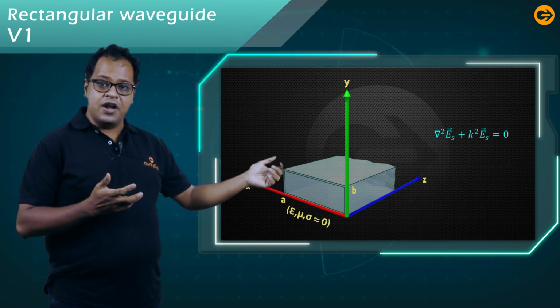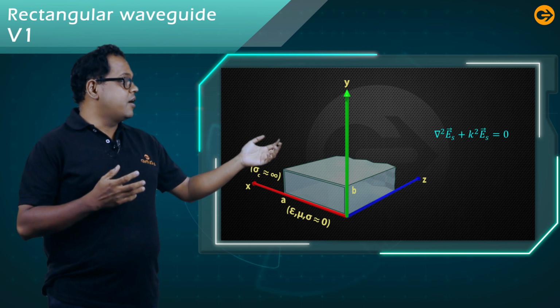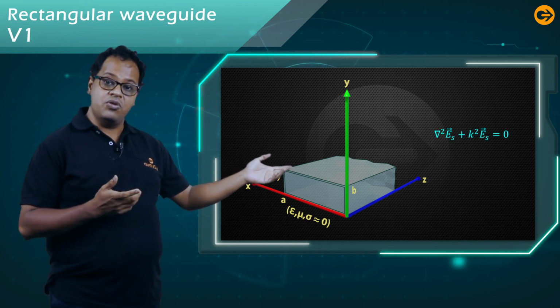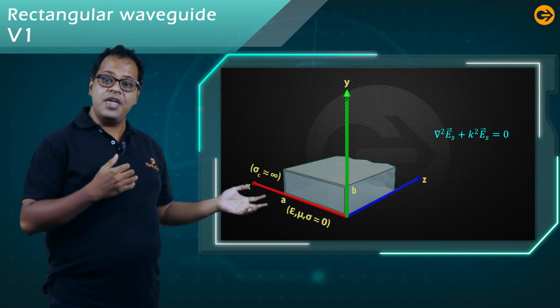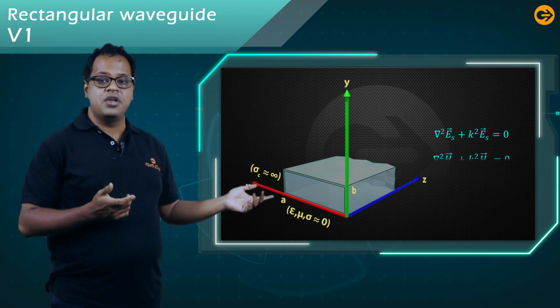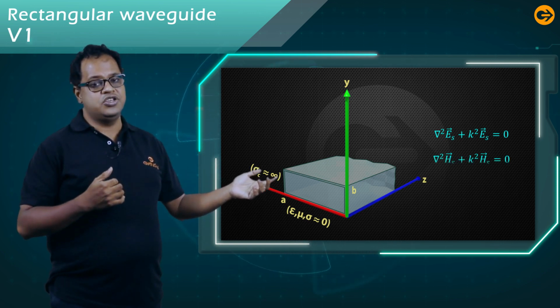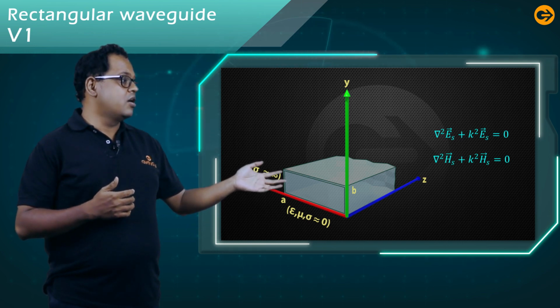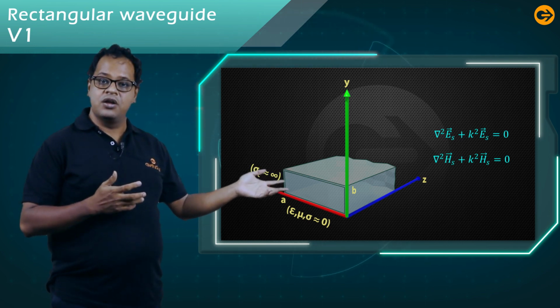For the magnetic field, it will be grad squared Hs plus k squared Hs is equal to 0. Similarly, this Hs again has three components, H of Xs, H of Ys and H of Zs. What is k? k is omega root over mu epsilon.